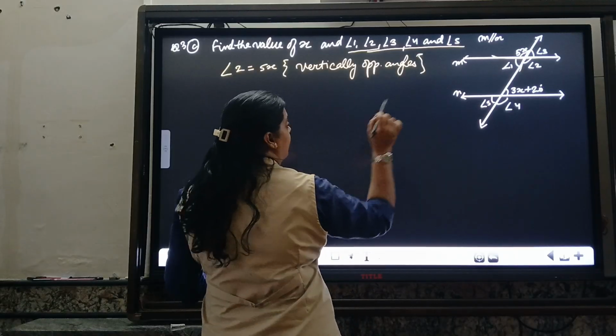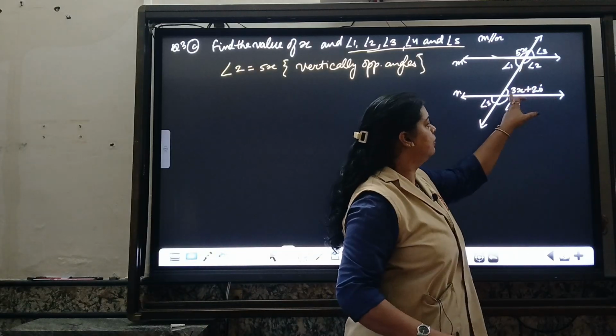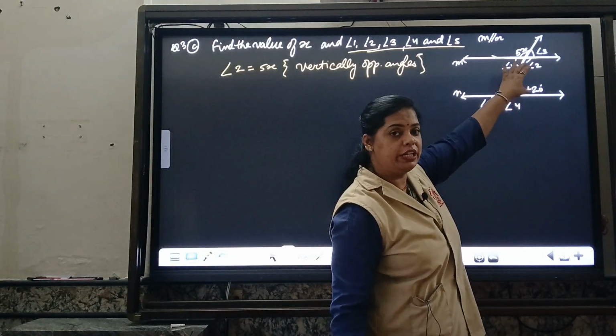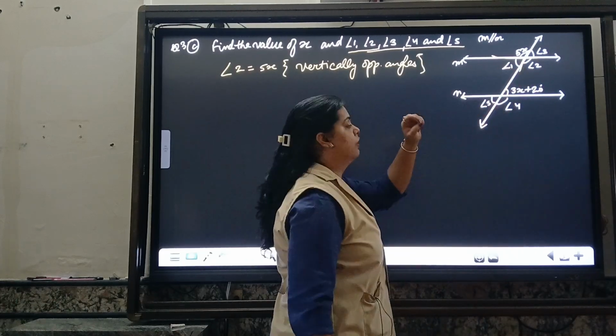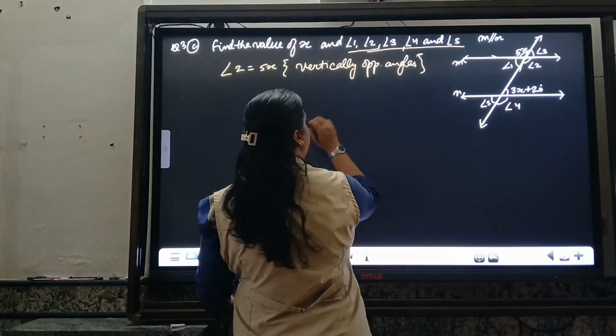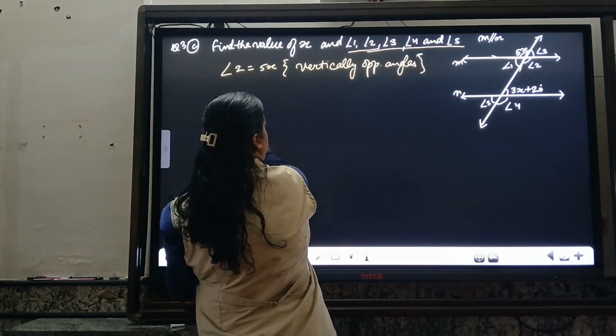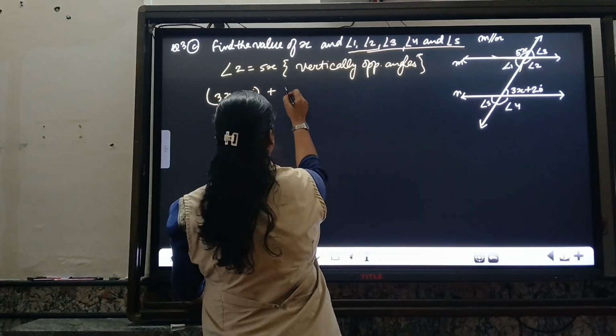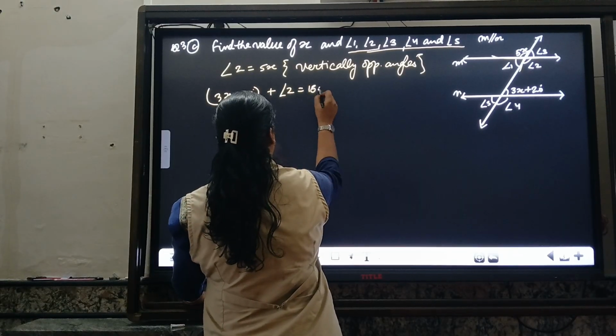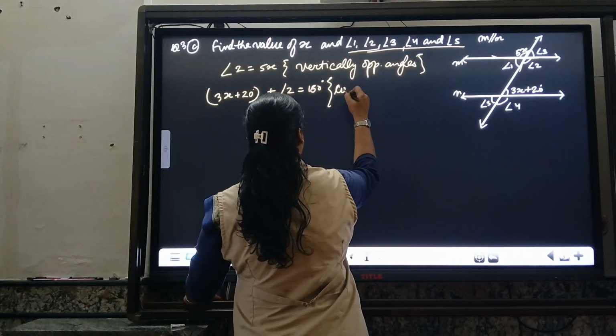Now angle 2 and angle 3x plus 20, these are co-interior angles, these are interior angles on one side of the transversal line, so their sum should be 180. So we will write 3x plus 20 plus angle 2 should be 180. These are co-interior angles.